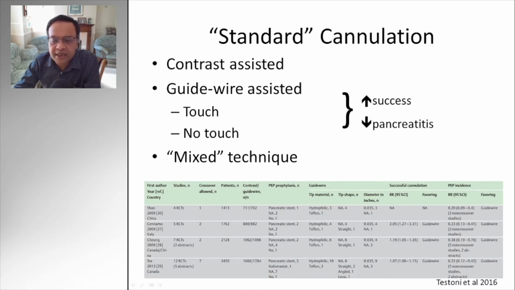At least 4 meta-analyses have been performed looking at the merits of contrast-assisted cannulation versus guide wire assisted cannulation, and the overall consensus from these meta-analyses is that guide wire assisted cannulation is superior in terms of cannulation success and a reduced frequency of post-ERCP pancreatitis.